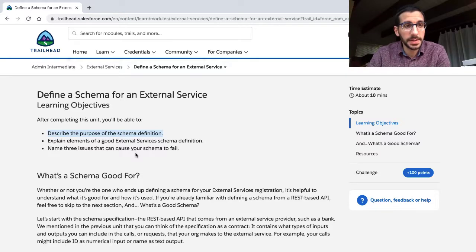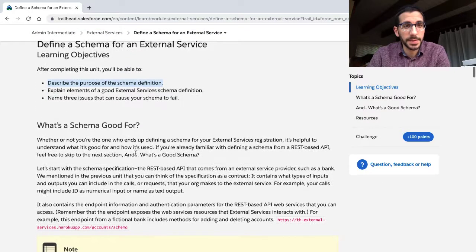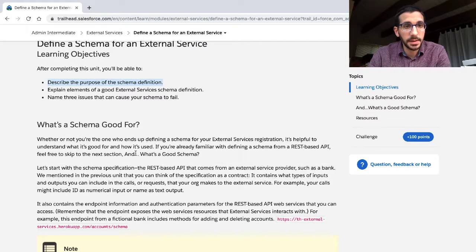Okay, after completing this unit, you'll be able to describe the purpose of a schema definition. I typically like my learning objectives to at least make a little bit of sense in English.